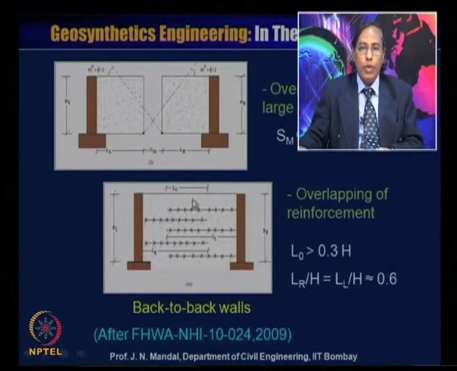This L0 should be greater than 0.3 times the height of the wall, and LR by H is equal to LL by H, which is equal to 0.3. So, the overlap length L0 should be greater than 0.3H, and LR by H is equal to LL by H, equal to 0.3. This is after FHWA NHI-10-024, 2009.